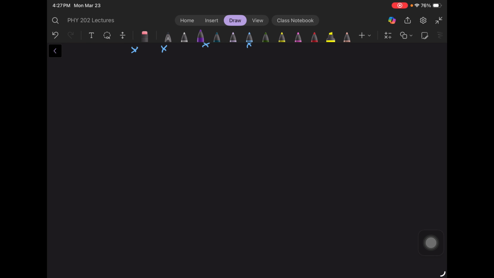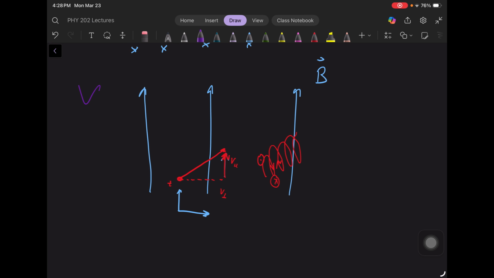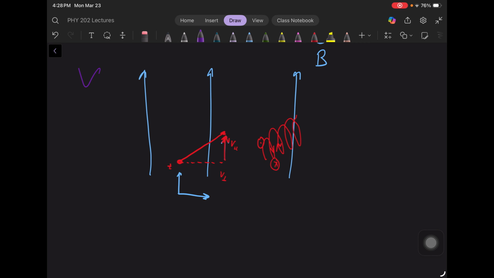Okay. And so let's start trying to dissect that a little bit. What we can do is define this angle to be phi, such that phi is the angle between the magnetic field and the velocity.